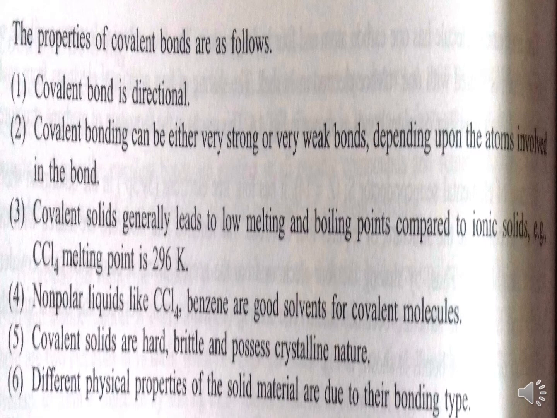Non-polar liquids like CCl4 and benzene are good solvents for covalent molecules. Covalent solids are hard, brittle and possess crystalline nature. Different physical properties of the solid material are due to the bonding type. Very important: we generally say covalent bonds are less strong than ionic bonds, but some covalent bond compounds are stronger than ionic bonds and some are weak, depending upon the atoms involved in the bond.